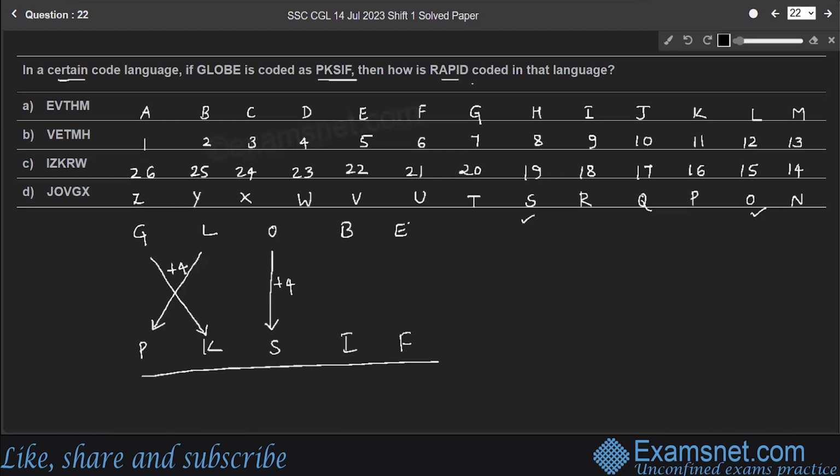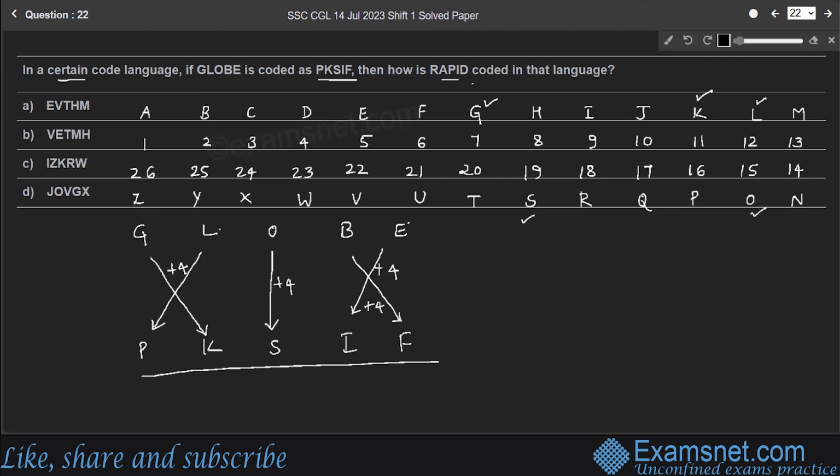So G is 7, 7 plus 4 is 11, which is K. Whereas L is 12, 12 plus 4 is 16, which is P. Similarly, B is coded as F, because B is 2 plus 4 gives 6, which is F. And E is 5 plus 4 is 9, which is I.